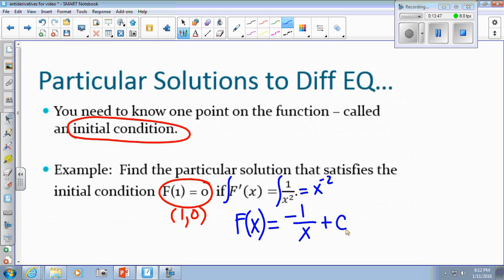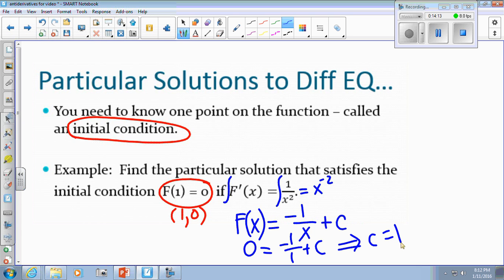Now, what we want to do on the particular solution is we want to use that point. We're going to plug in for x and y, and we're going to figure out what c equals so that we can write our equation without the c. Okay, so we know that our y value is 0, our x value was 1, okay, and when I plug those numbers in and solve for c, I'm going to come out with c equals 1.